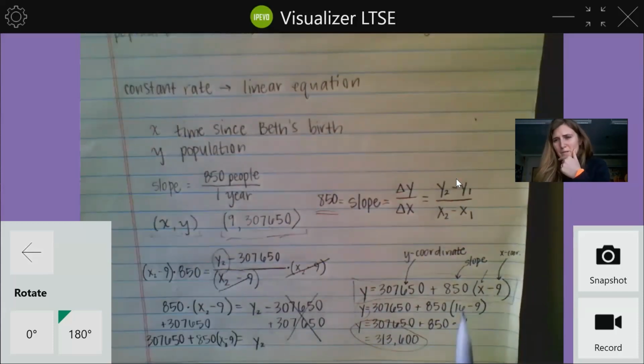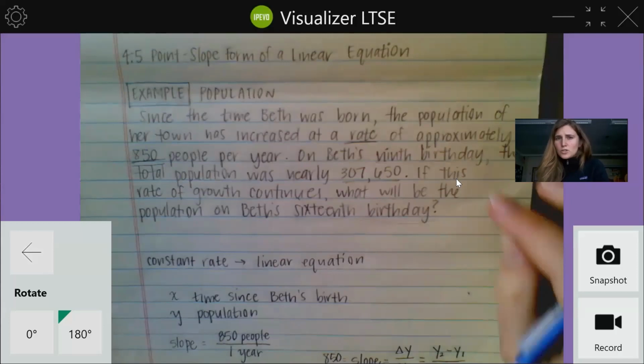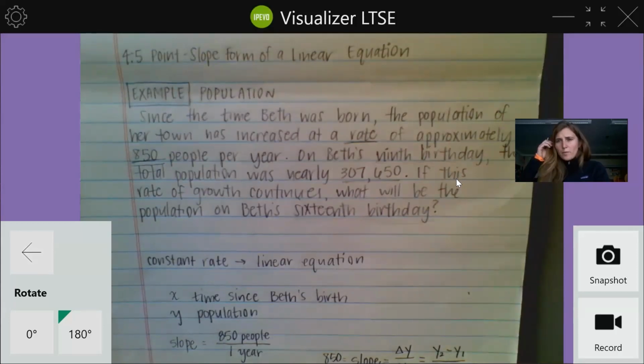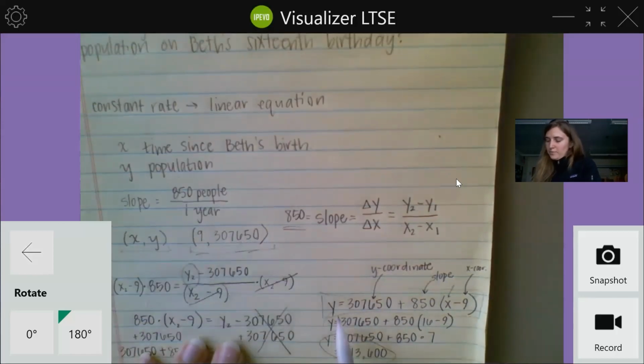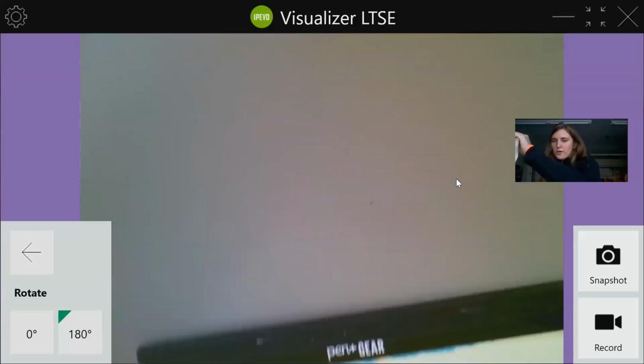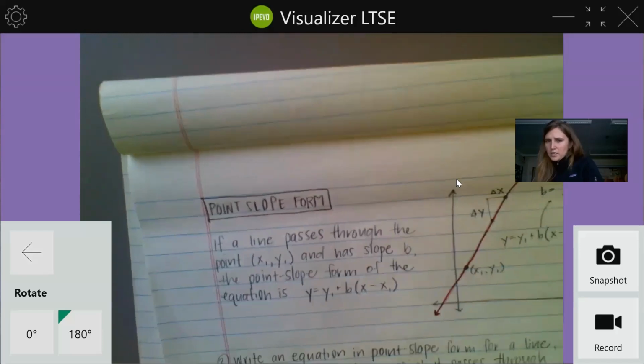And so what we're going to be talking about, like I mentioned, is point-slope form of a linear equation. So far we learned intercept form and we learned slope-intercept form. Point-slope form is just another way of writing a linear equation. And it's going to be in this form right here. And I have a more general version of that on the next page.